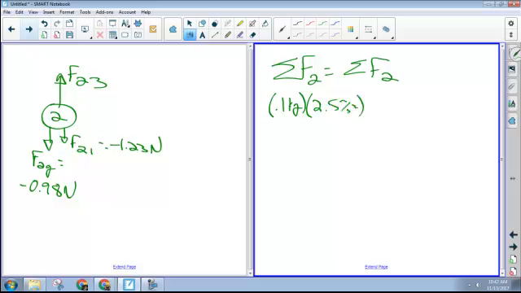And that's got to equal negative 0.98 minus 1.23 plus the force on 2 by 3. And solve that. So you're going to get 0.25 plus that other stuff, and it gives you 2.46.